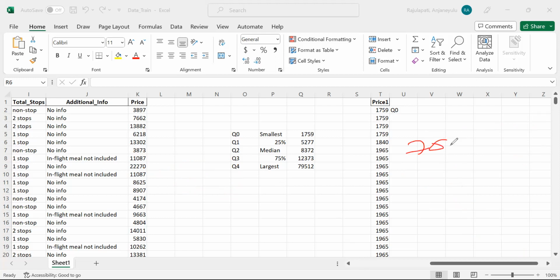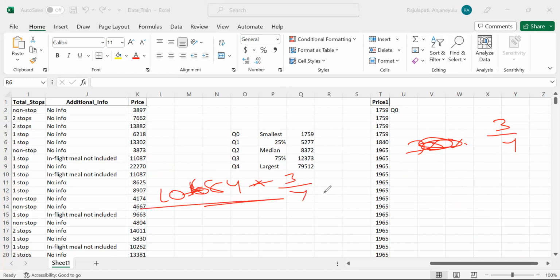So 75 percentile means what, guys? 3 by 4, right? 75 percentile means 10684 into 3 by 4. What is the value we will get? It's like 2671 into 3.